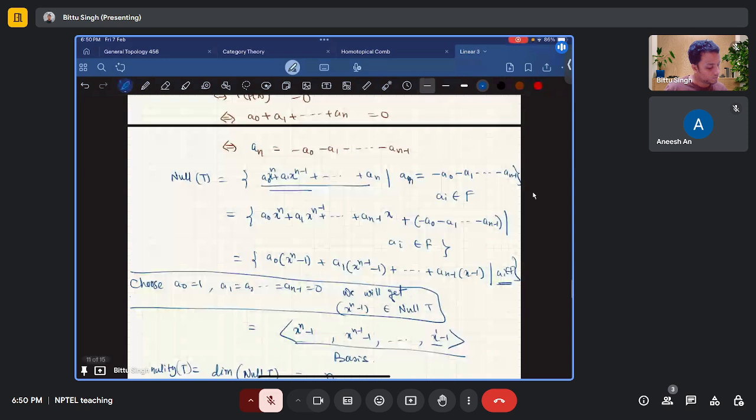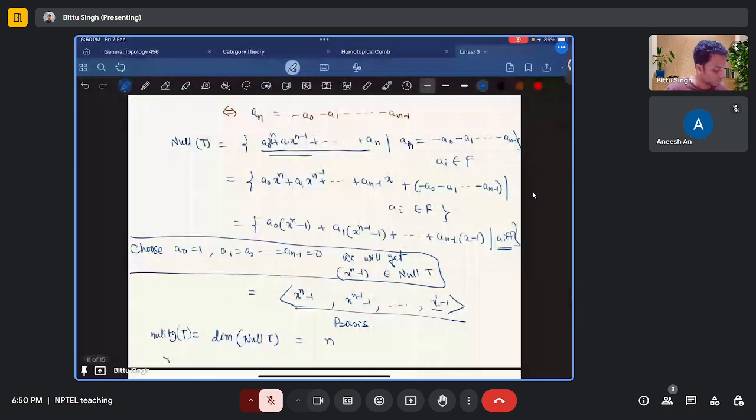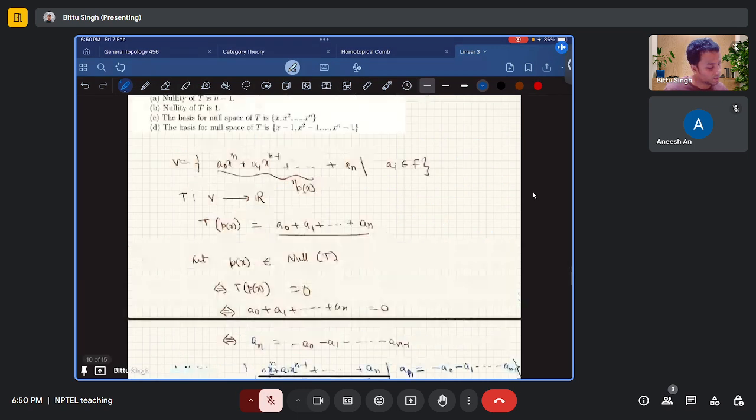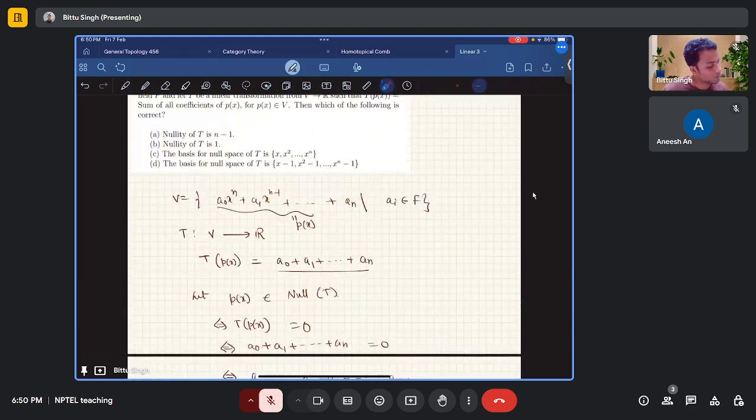Then what will be the rank of this thing? Rank of T is the same as the dimension of V, which is the polynomial space in this case, minus the nullity. But what is the dimension of this polynomial space? It is generated by x to the power n, x to the power n minus 1, up to 1, right?